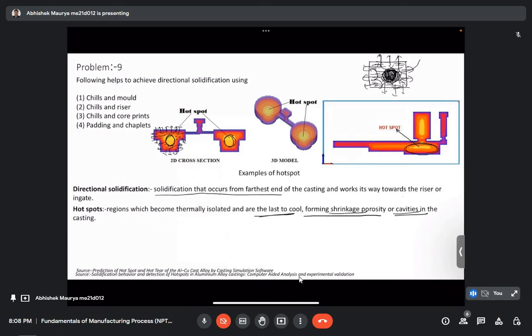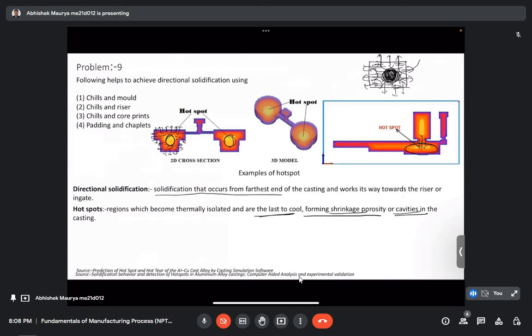So what is the strategy? We will try to make a riser near the region of the hotspot. Our effort is always to keep the riser very near to the region of the hotspot, like in this example shown in the figure on the right.